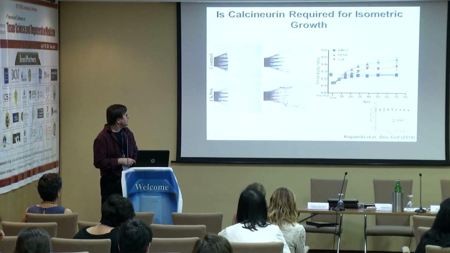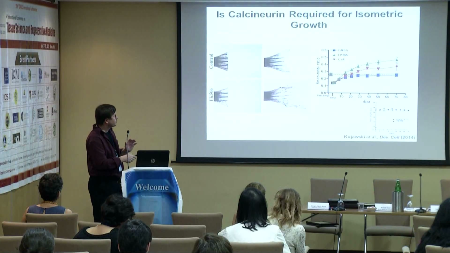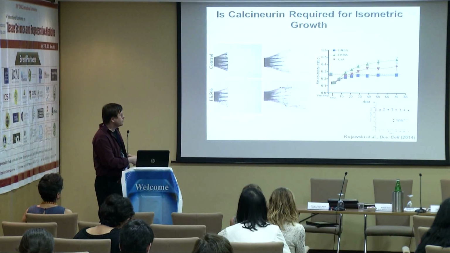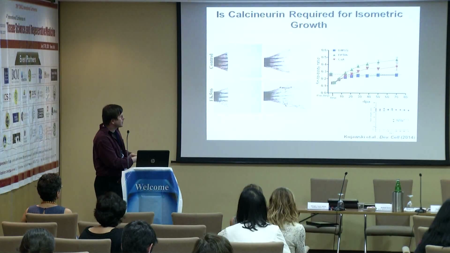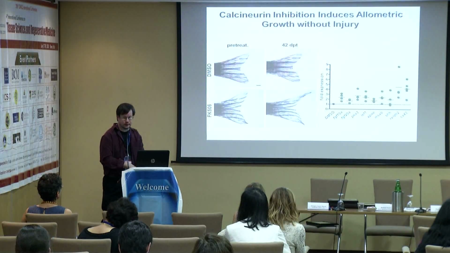So then the question becomes, well, if we're regulating the switch from this regenerative growth back into proportional growth, can we override an endogenous system of normally isometric growth control and switch it into a regenerative-like state? And the answer is yes.